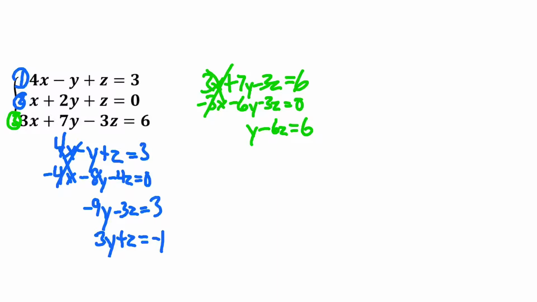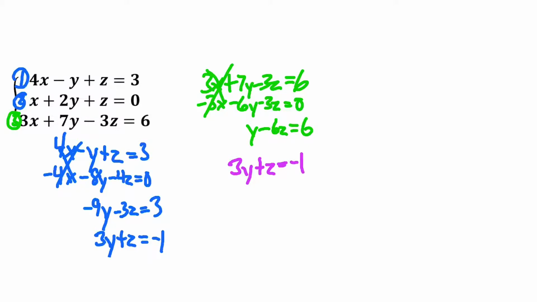So all I have to do now is eliminate my y. So I'm going to take my first equation, 3y plus z equals negative 1. I'm going to take my second equation and multiply it by negative 3.